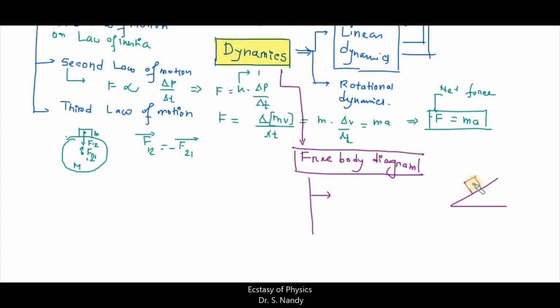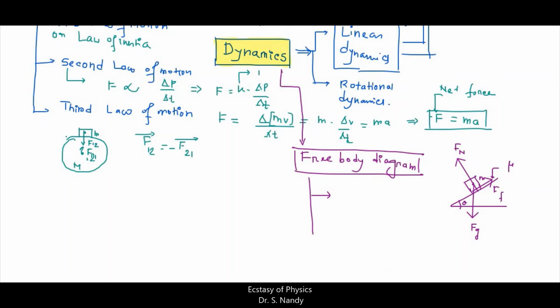The free body diagram for this situation would have the gravitational force exerted in the downward direction. If the angle of inclination is theta and the mass of the object is m, then the surface on which it rests provides a normal reaction force on the object, represented by Fn. If the surface has some frictional force, where mu stands for the coefficient of friction, then there will be a frictional force exerted upward along the inclined plane.